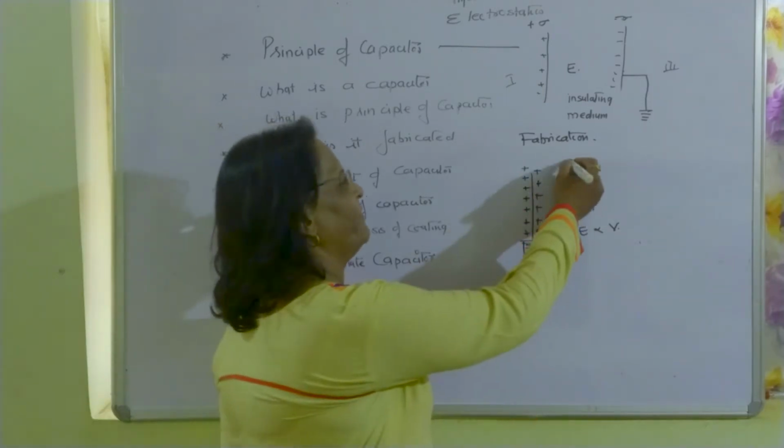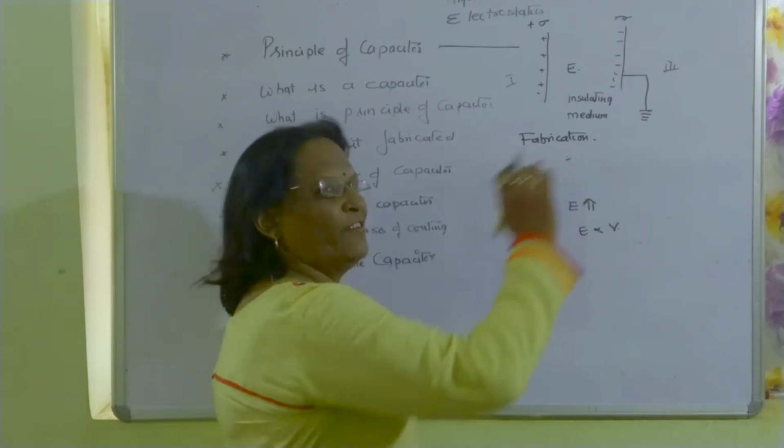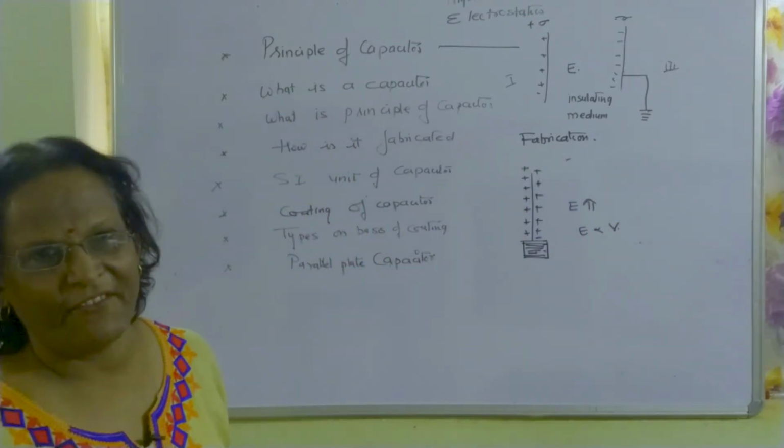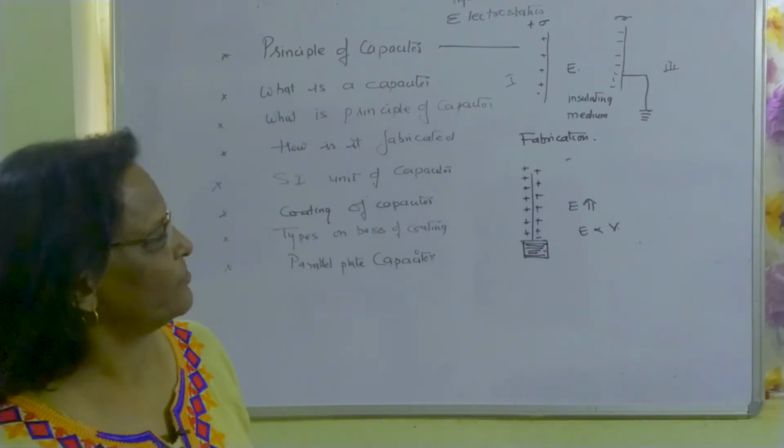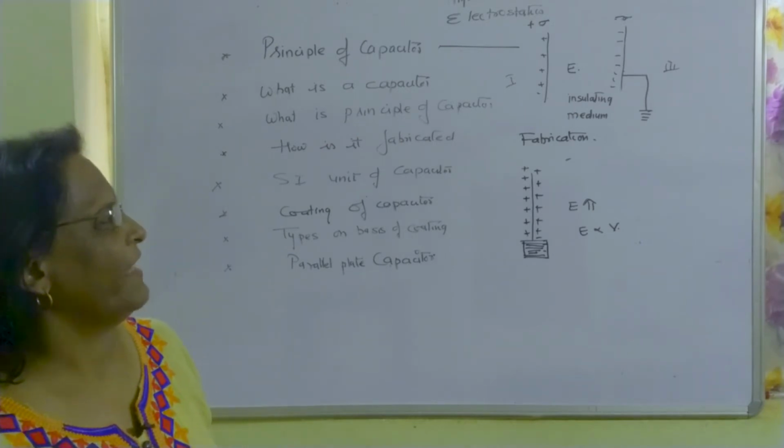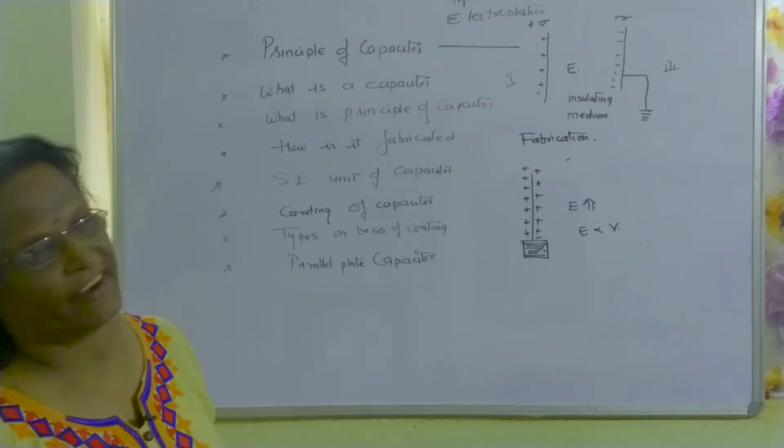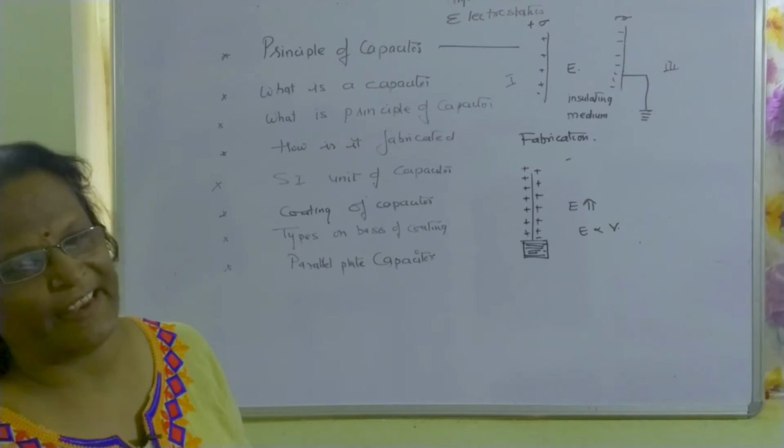In air we have negative ions, so the positive charges will be taken up by the negative ions and get neutralized. So we can supply charges to the plate only to a certain extent.